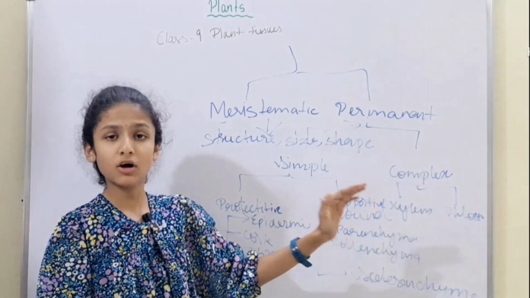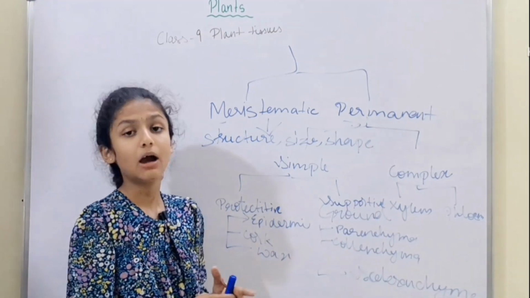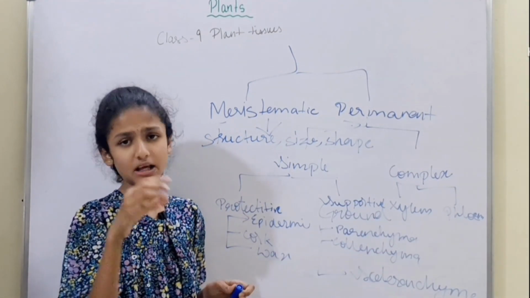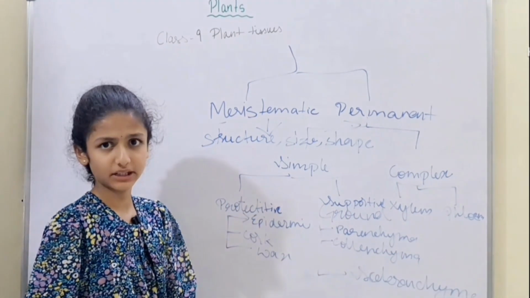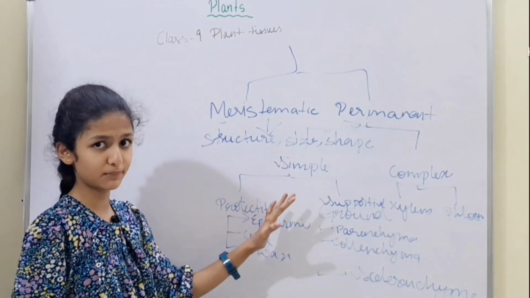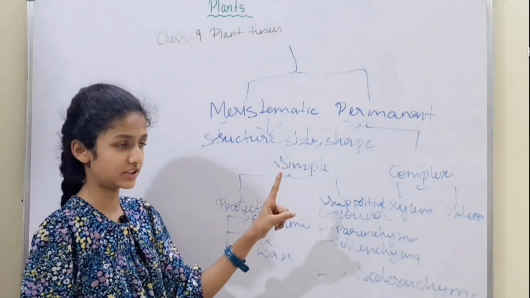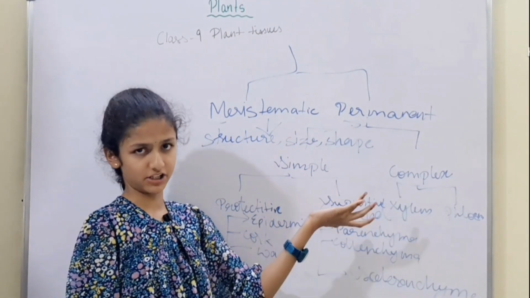They are different cells, but working together with the same function. Pens all have a similar function, writing. So that's the major difference. Simple permanent is made up of the same type of cells working together with a similar function. Complex permanent is made up of different types of cells working together with the same function.